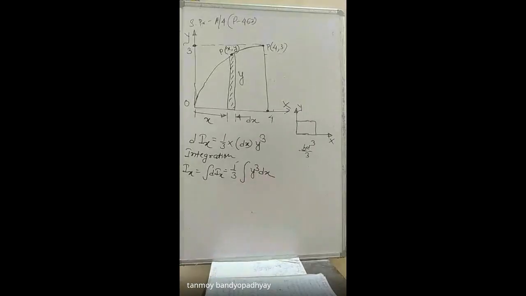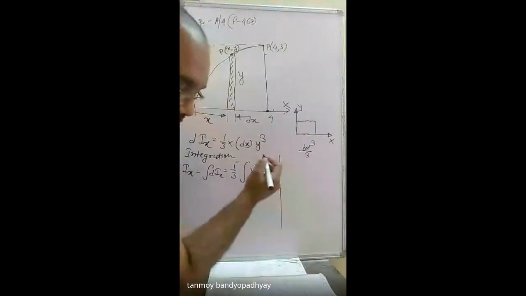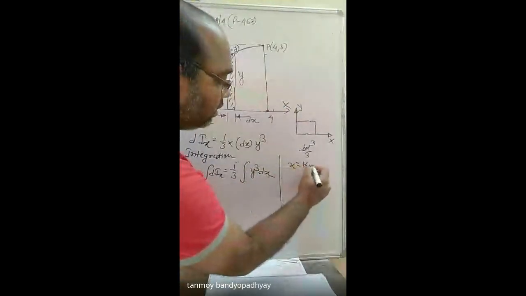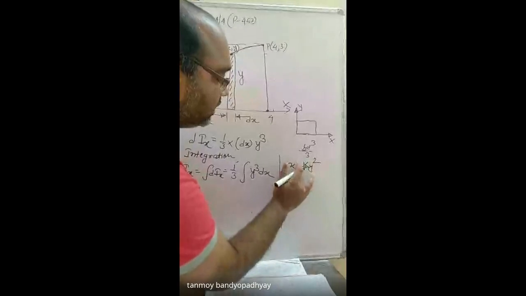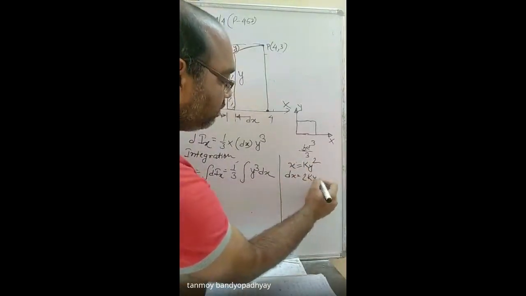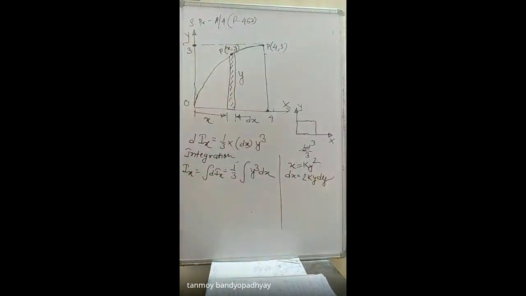What will be dx in terms of dy? We had x is equal to k y square. If I differentiate, dx is equal to 2ky dy.